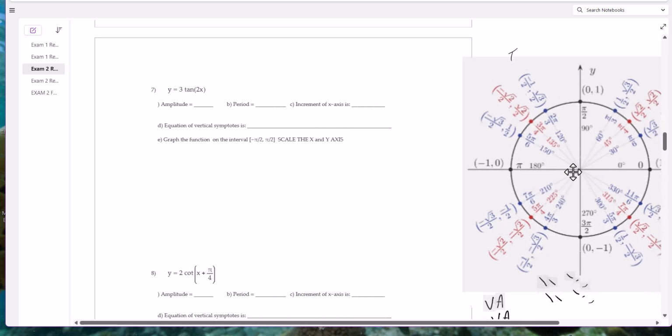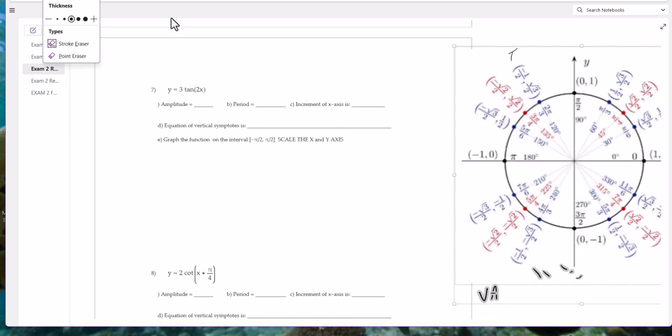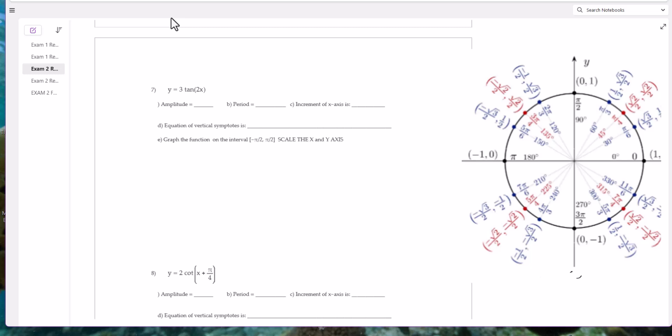Okay, so everything's a little bit different on a tangent. The amplitude on a tangent and cotangent, there is none. Remember, there's only an amplitude on a sine and a cosine. And the period's different too. The period is pi over b.